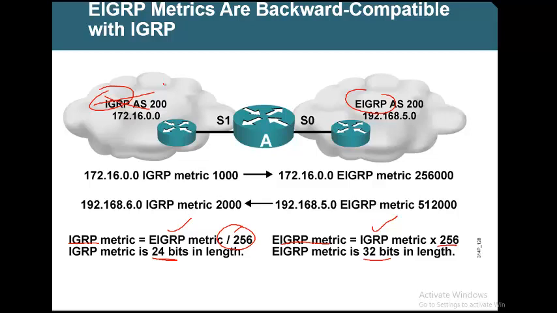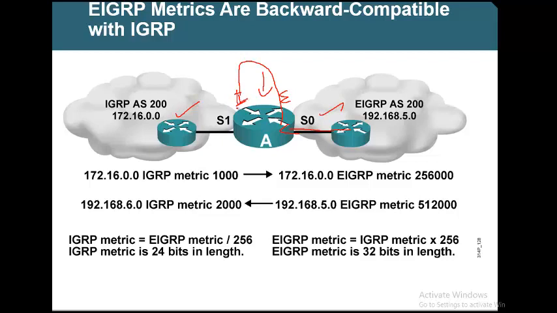If you have some old router, you may not find EIGRP. In such case, what you can do is you can run IGRP and EIGRP in this router. The routes given by EIGRP will automatically get redistributed into IGRP. Why?